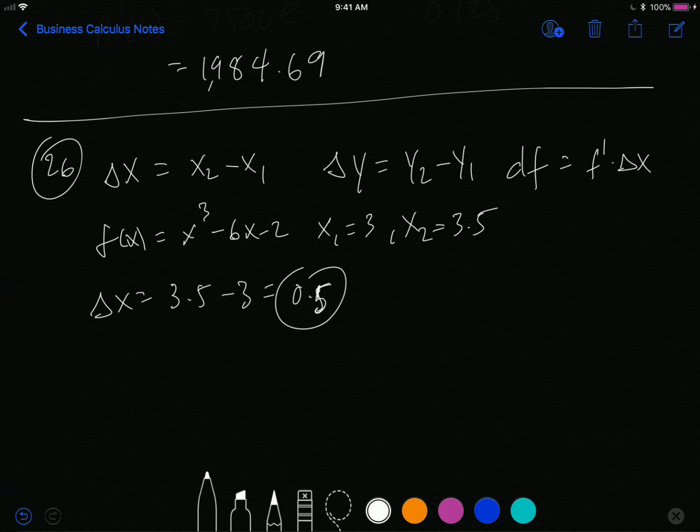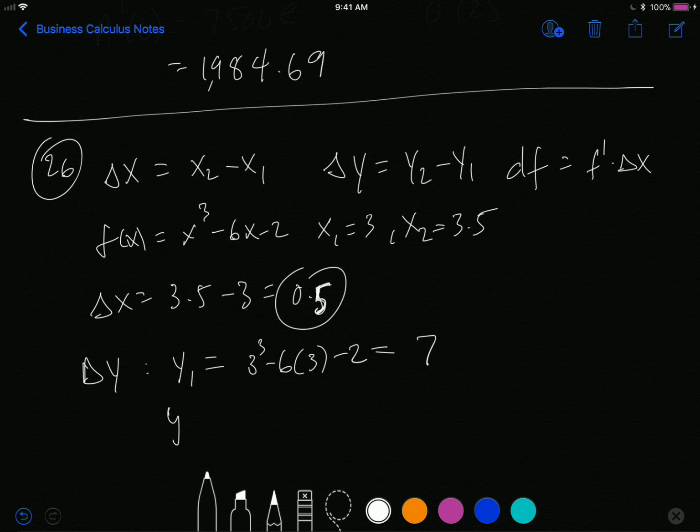Ooh, that's an ugly looking 5. Yeah, work on that. Then your delta y is a little bit harder. To find your delta y, you have to first find y1, which means you plug in 3 into the equation. So that's 3 cubed minus 6 times 3 minus 2. 3 cubed is 27, minus 6 times 3 is 18, minus 2, that's 7. And then y2 is 3.5 cubed minus 6 times 3.5 minus 2.